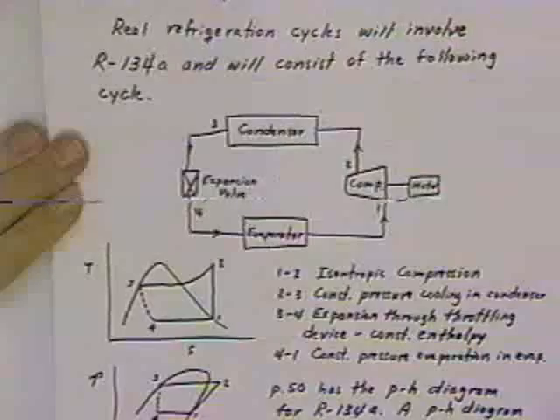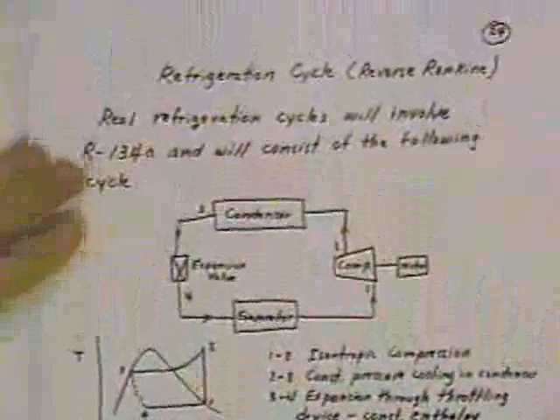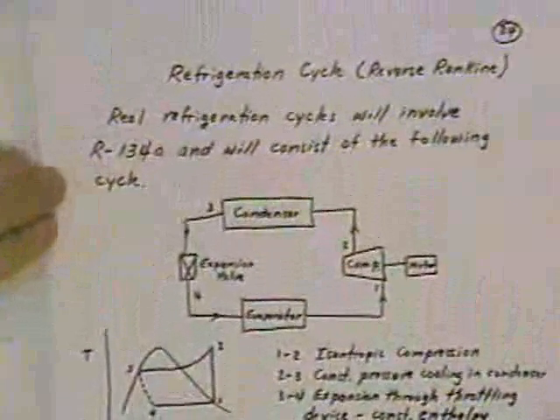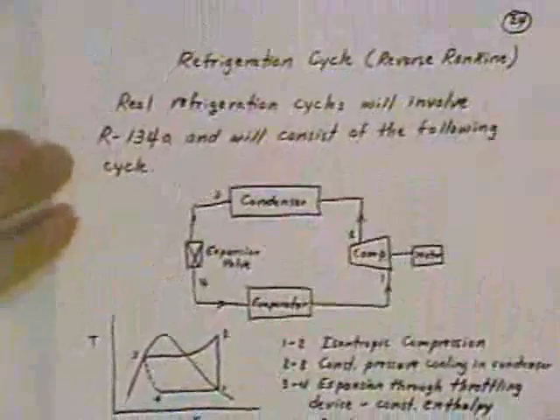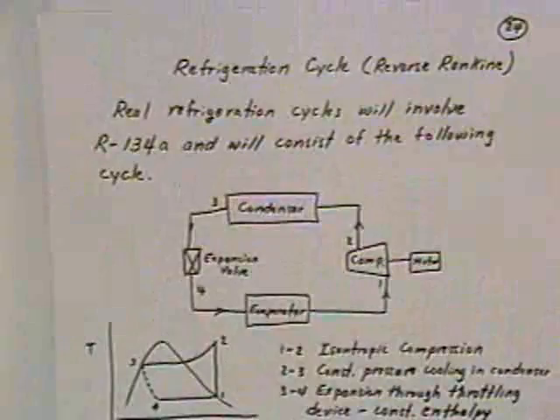Okay, the next cycle that we want to look at is the refrigeration cycle. And the refrigeration cycle is known as the reverse Rankine cycle. And here we're going to get into the use of refrigerants, because the reverse Rankine cycle, and we're on page 24 now, is going to involve the use of refrigerants.